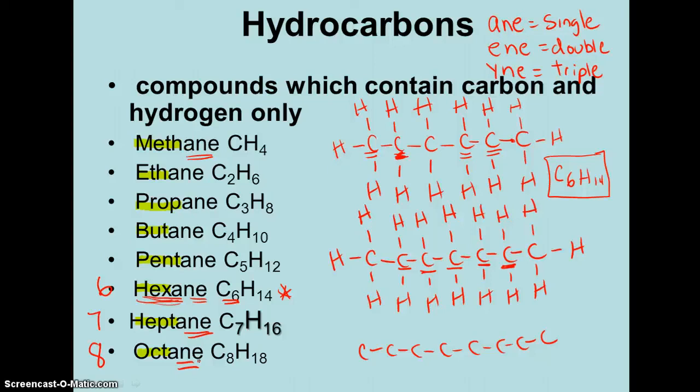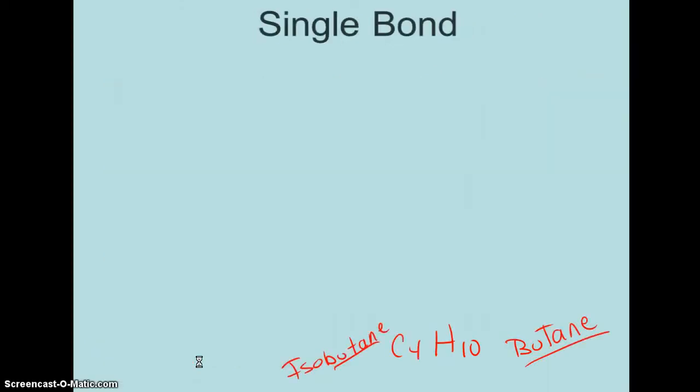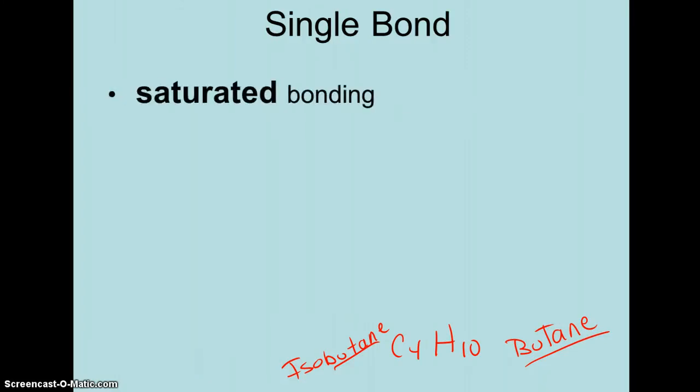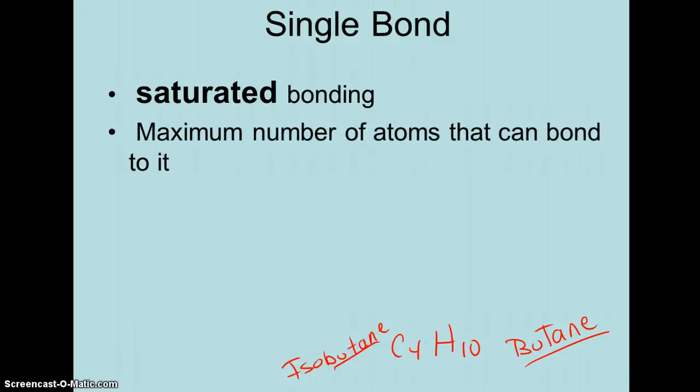Okay? Again, these are all hydrocarbons, strictly hydrogen and carbon. I want to talk to you a little bit more about single bonds, which we just did. Anytime you have just single bonds going on, these are considered saturated bonds. In other words, they have the maximum number of atoms that can bond to it.